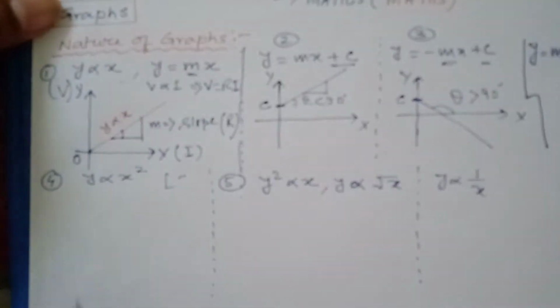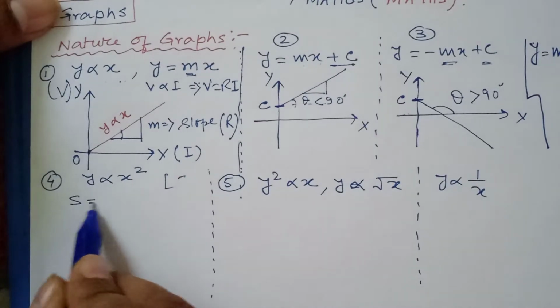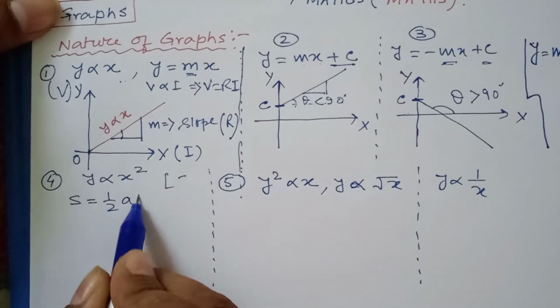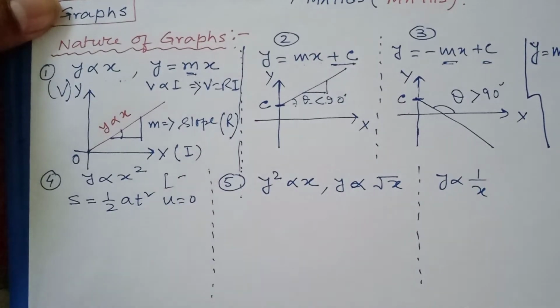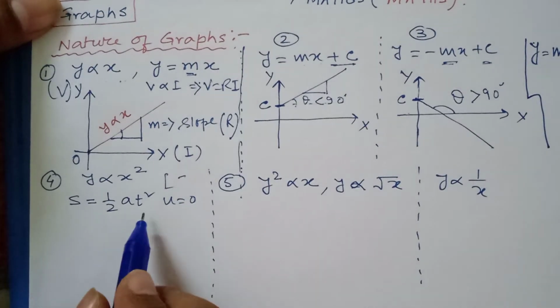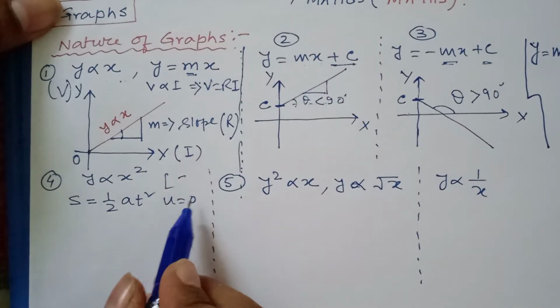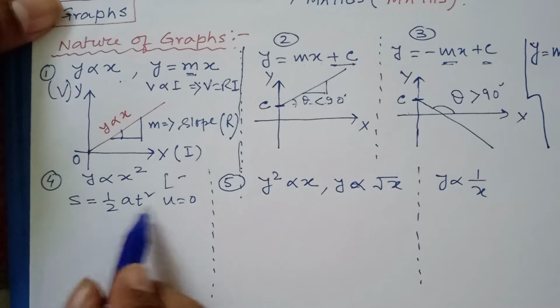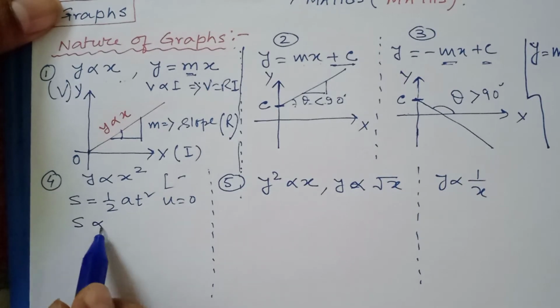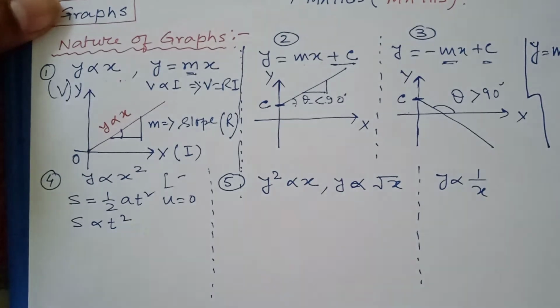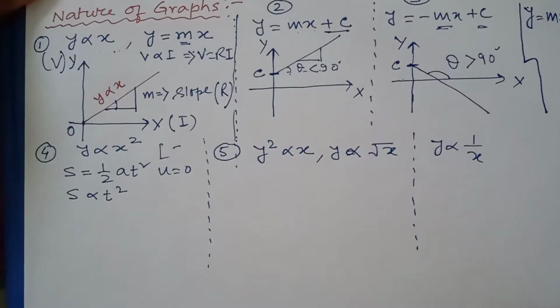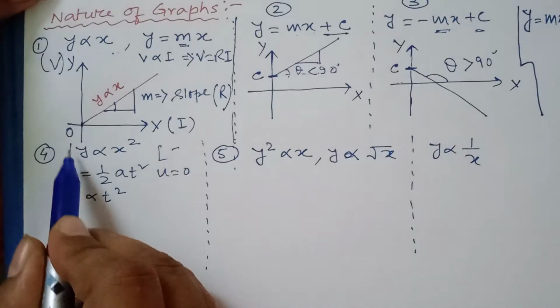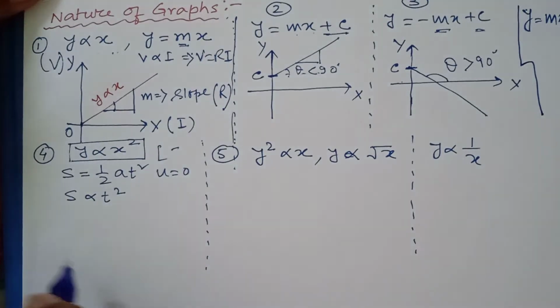Next, see, y proportional to x square. You can relate it with this equation, s equal to half a t square if u equal to 0. Am I right, students? s equal to ut plus half a t square. So half is constant, a acceleration is constant. So you know, students, displacement is directly proportional to the square of the time. So this equation is similar to y proportional to x square.